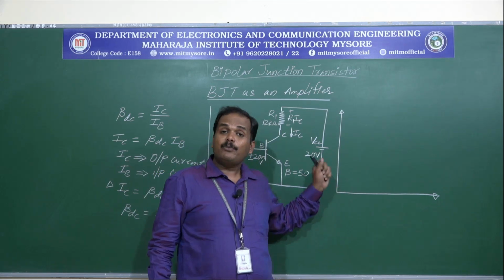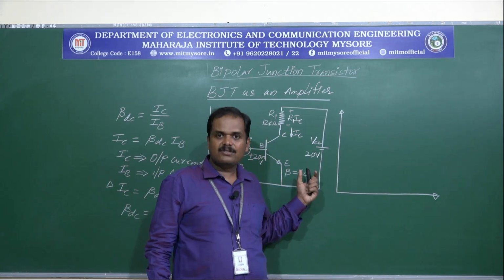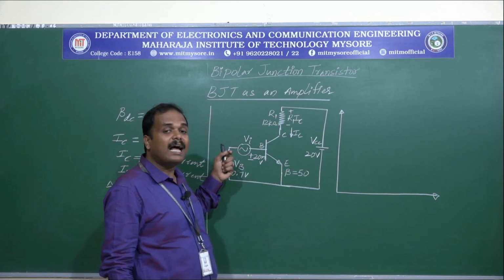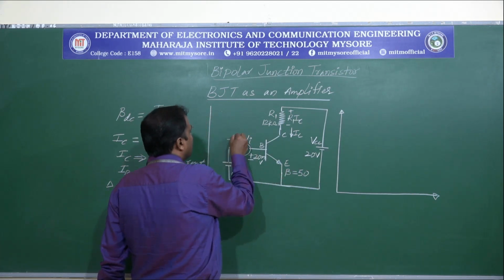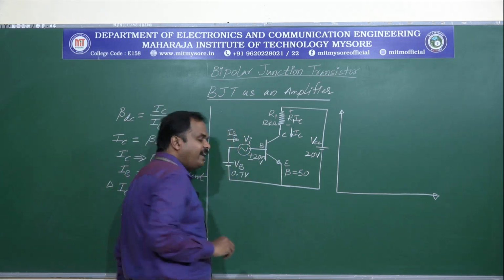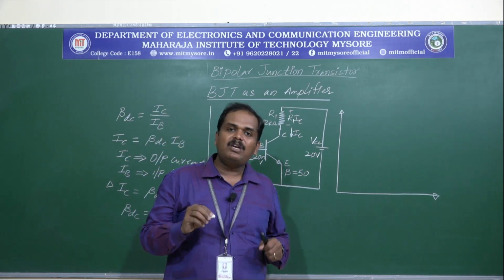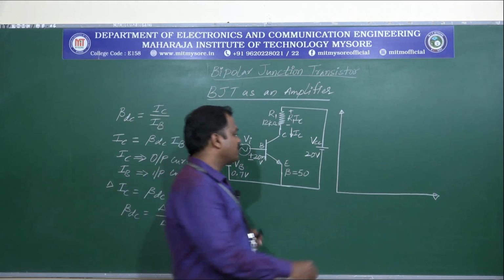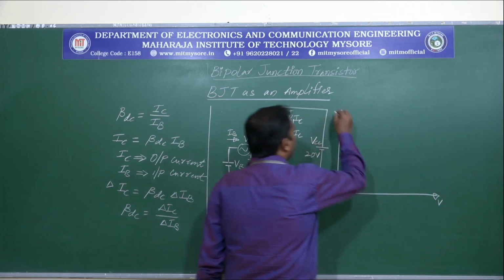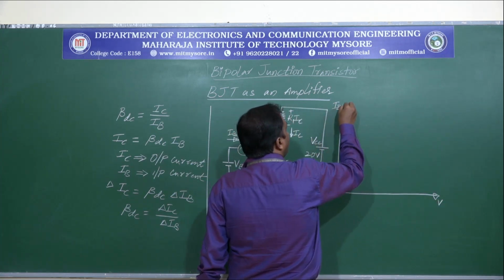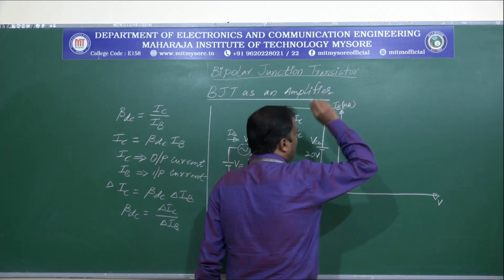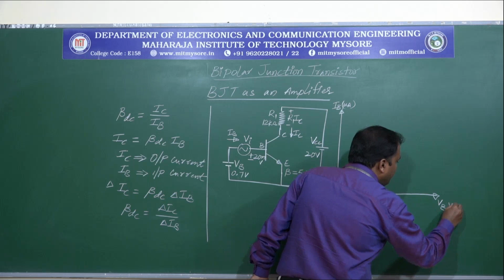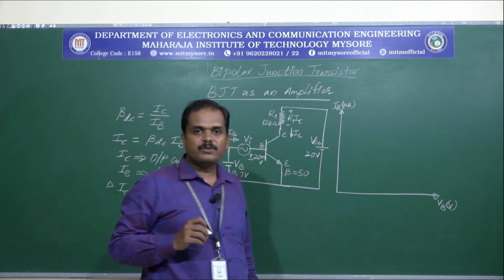Let us draw the input characteristics of this transistor circuit, that is how the input current IB varies with respect to the input voltage applied. So let us say this is IB in microamperes, and this is VB in volts.